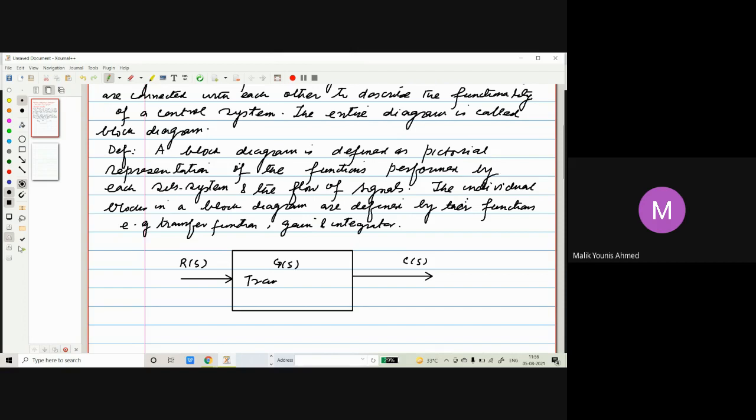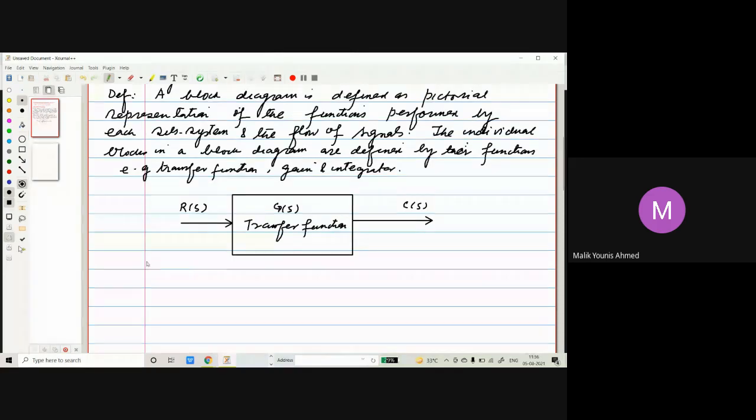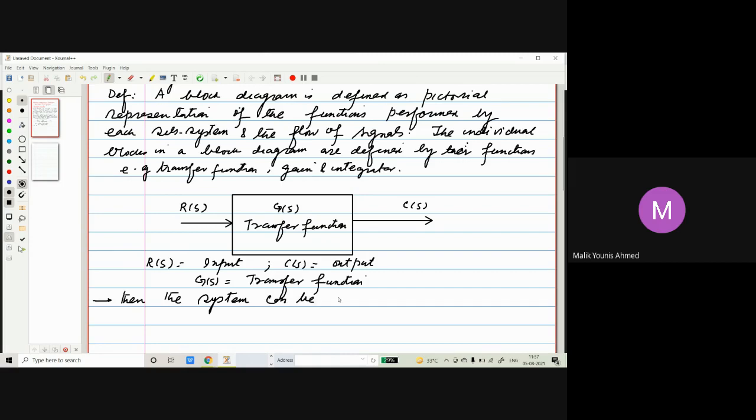The system can be represented as output by input.